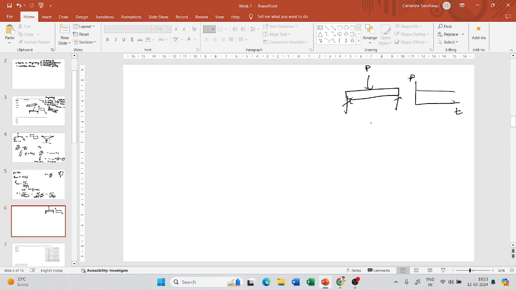Now you know that our beam is a viscoelastic material. So the deflection of the beam will also be a function of time.